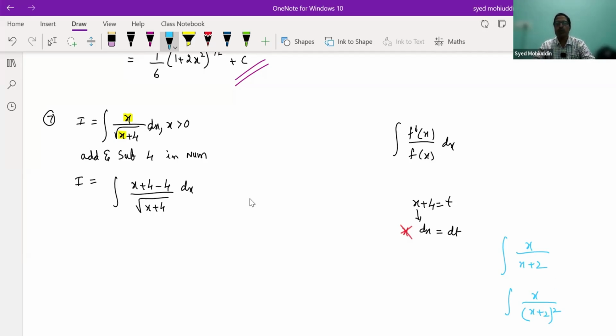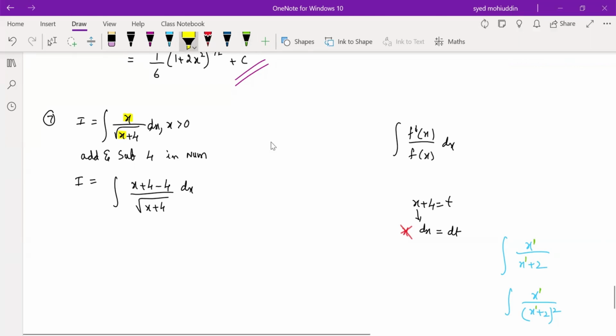So the best way to check whether this procedure has to be followed is that the numerator power and the denominator power are the same. That is the clue for you to add and subtract. Getting this one?